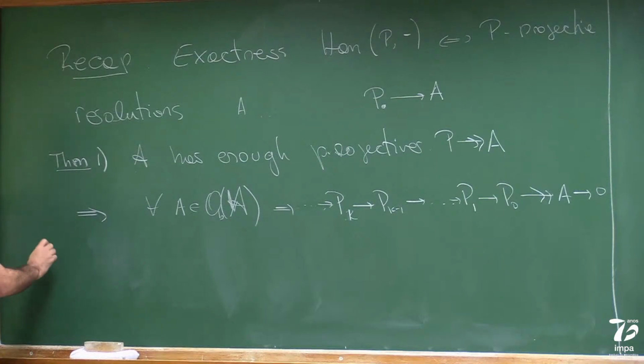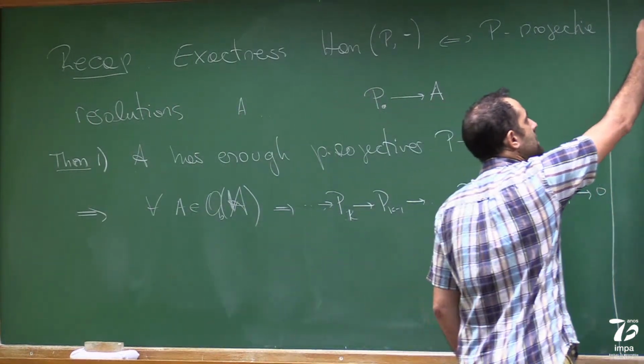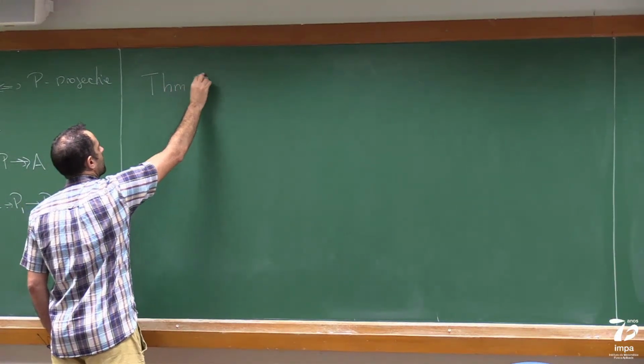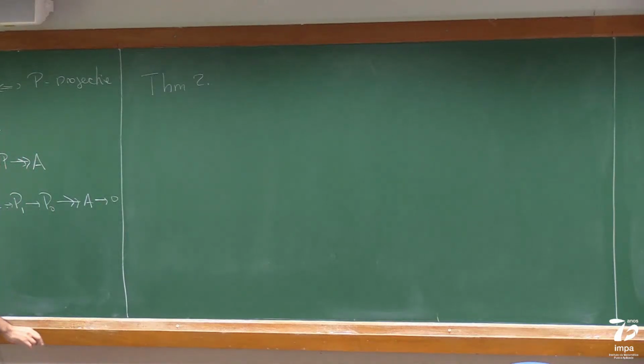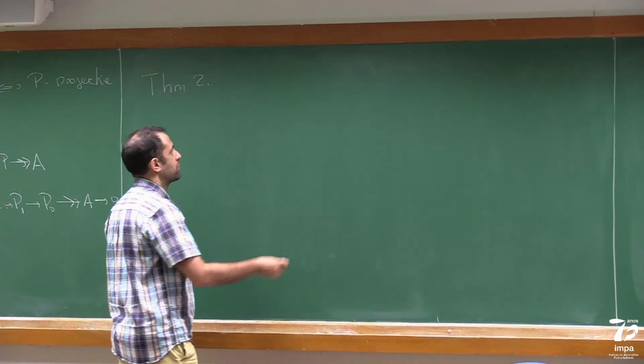And theorem 2 was that this resolution was somehow universal. Projectives are nice: it's easy to map out of a projective.